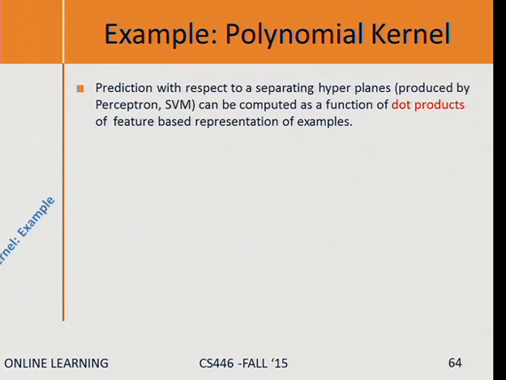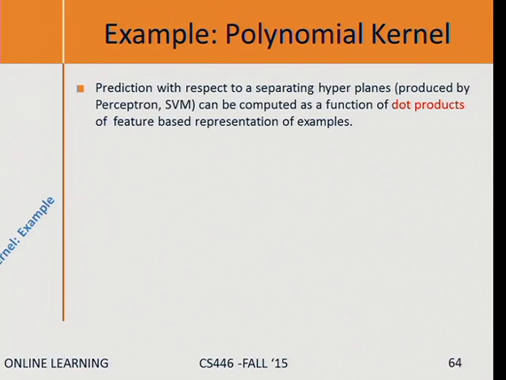Okay, so now let's move to other interesting examples. All of them are going to have the same idea, and I'm going to repeat this idea 2 or 3 times, because this is really the important thing for you to understand. So I want to make predictions with respect to some hyperplane that was produced by perceptron, or if you want, by support vector machines that we'll see in a couple of weeks.